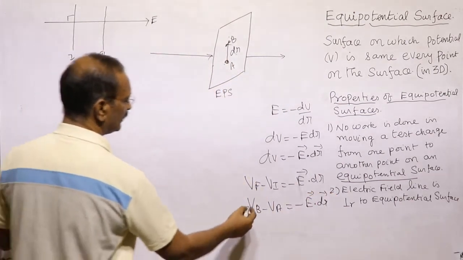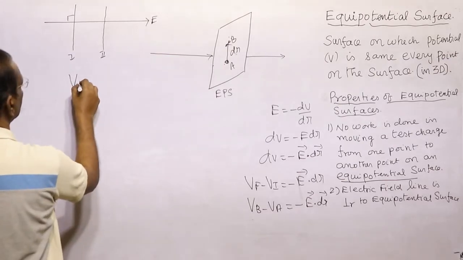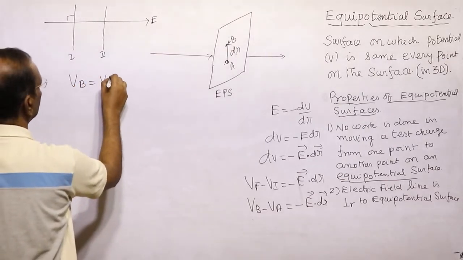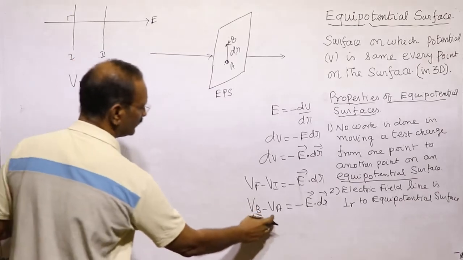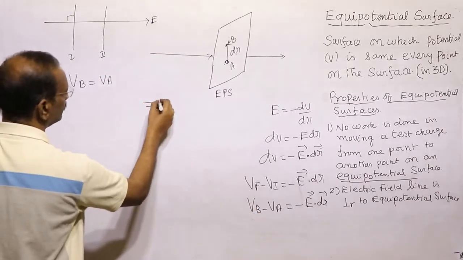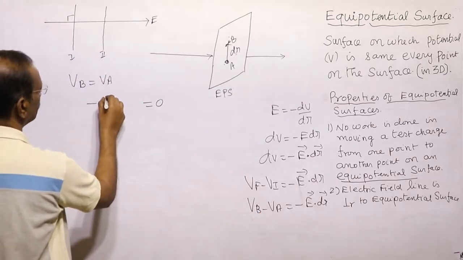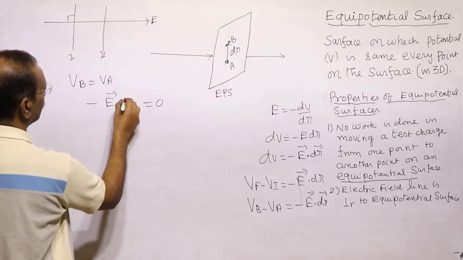Now since potential at B is equal to potential at A, VB minus VA is equal to 0, or we can write 0 is equal to minus the integral of E dot dr.